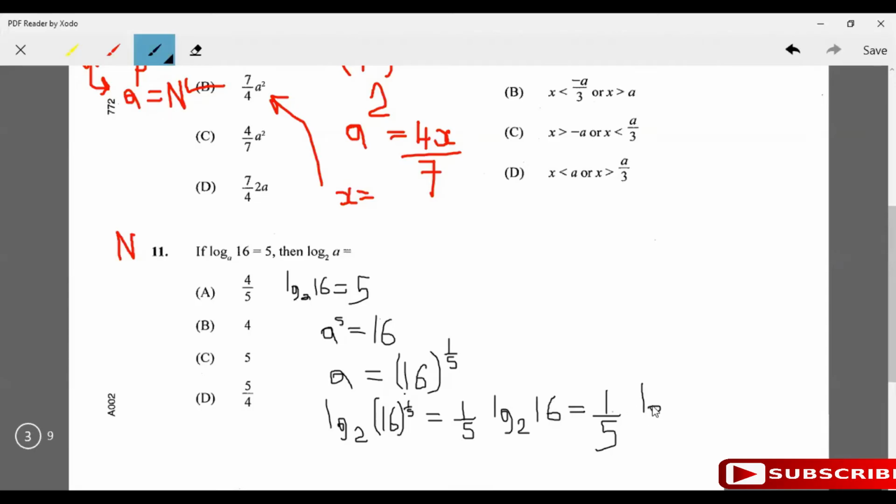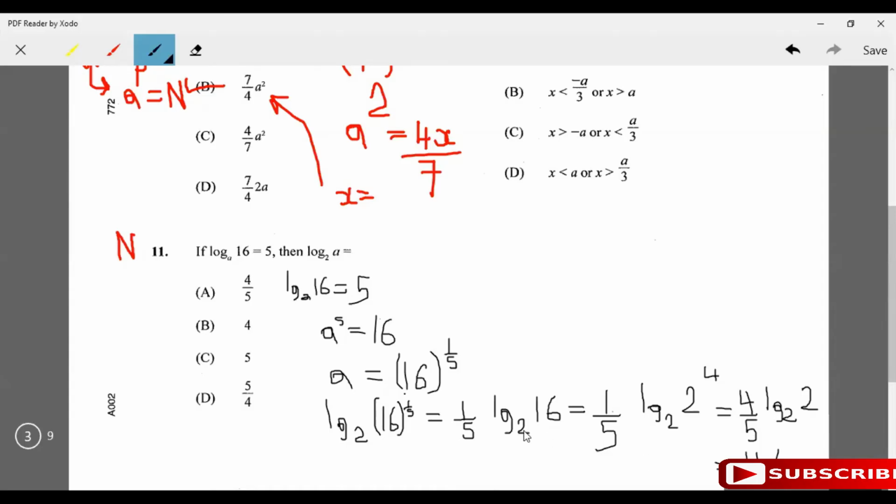So this is log to base 2 of 2 to the 4th power. We can then bring down that 4 to write 4/5 log to base 2 of 2. Then what is log to base 2 of 2? 1. Log to base 2 of 2 is 1. And so the final solution is 4/5.